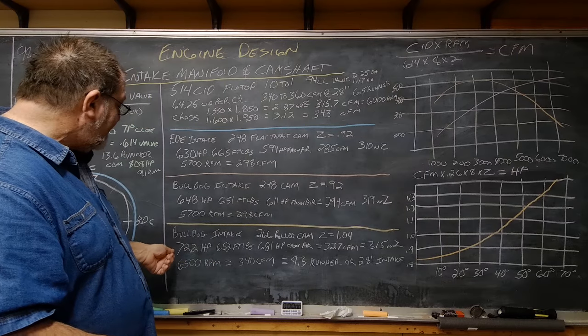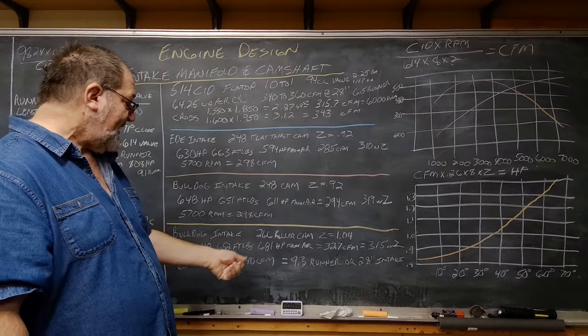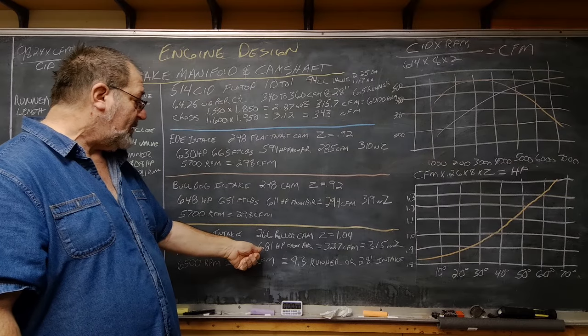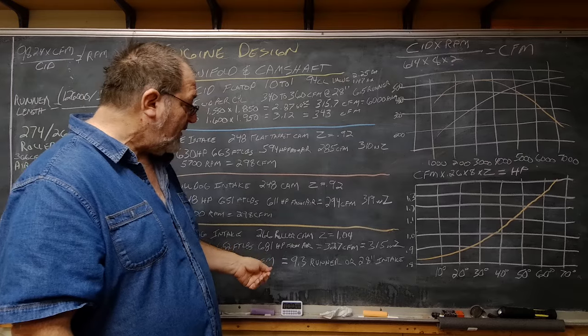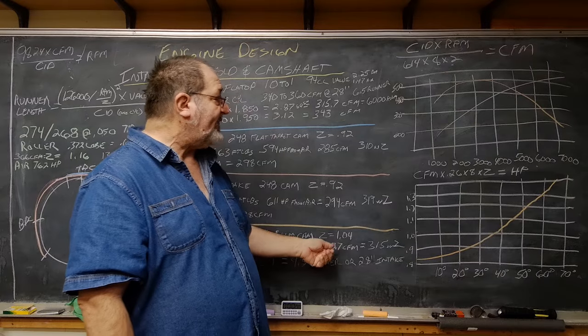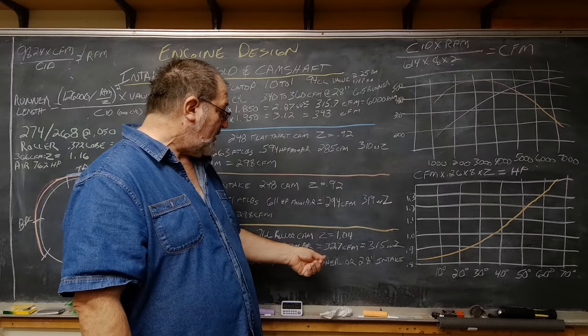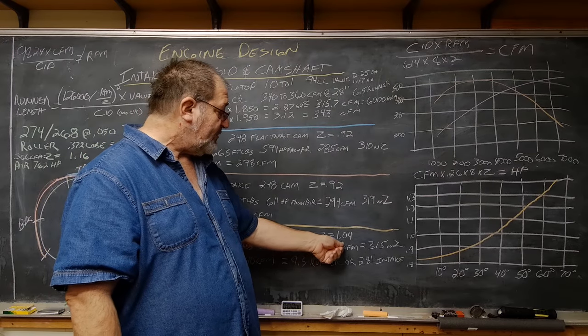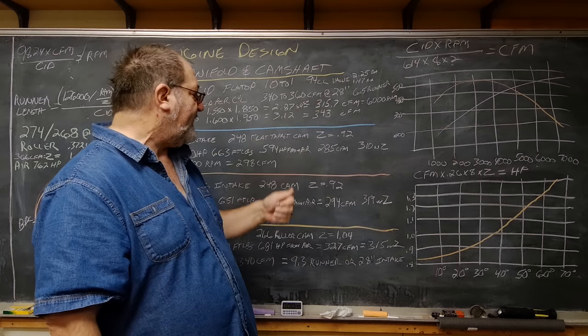Now, if I take 722, take out the compression, that's 681 horsepower. And so if we take 681 horsepower and figure out how much CFM it took to generate that kind of horsepower, it's 327 CFM. And you're like, well, wait a minute, that's more than your 315.